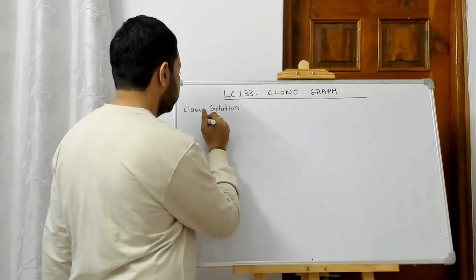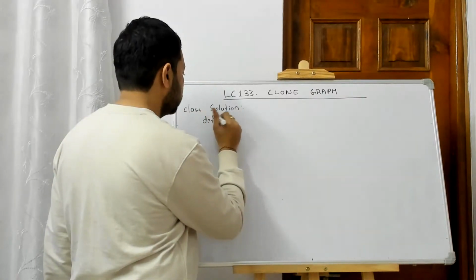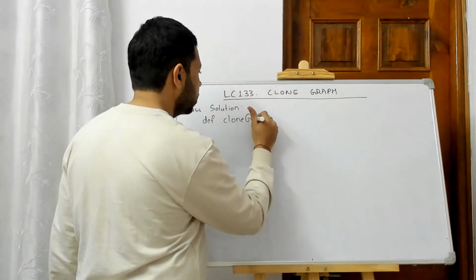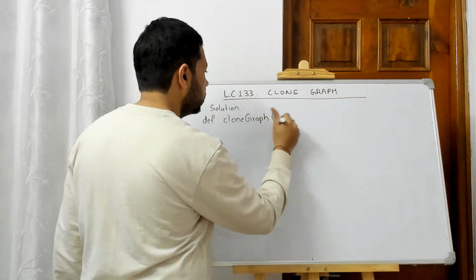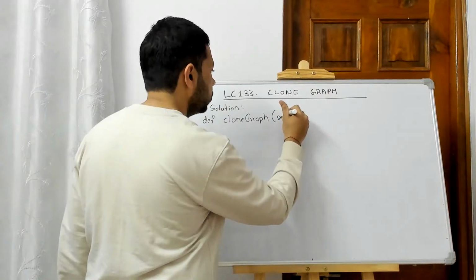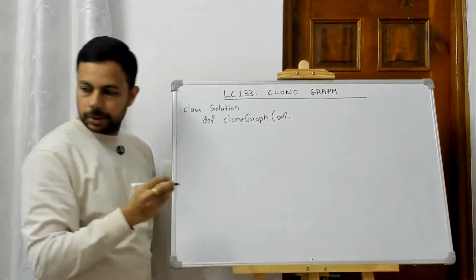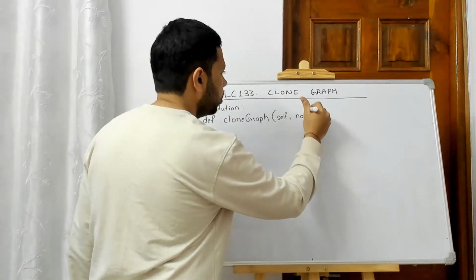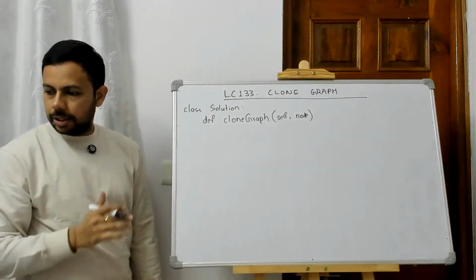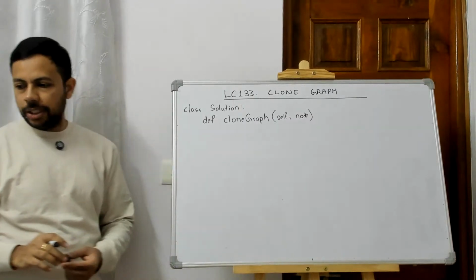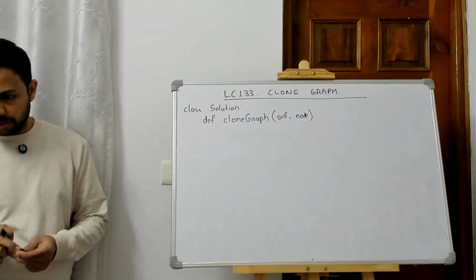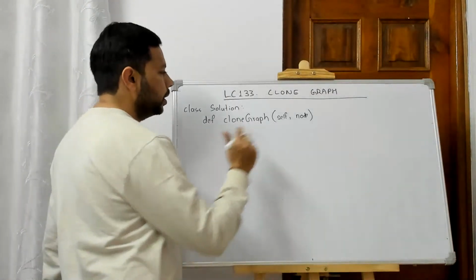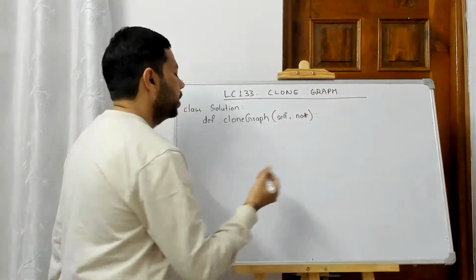In this you have a def called clone graph. This takes self, comma, node, and we'll use the same function again and again to create the neighbors. We'll create a sub function in this to get the neighbors.